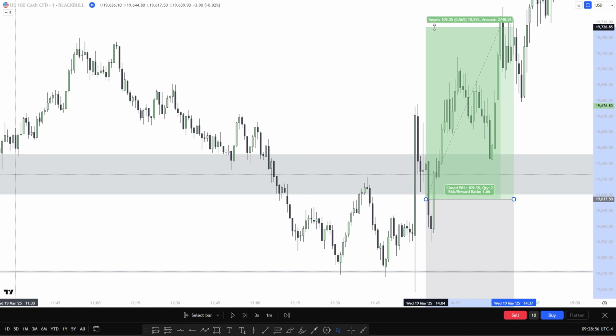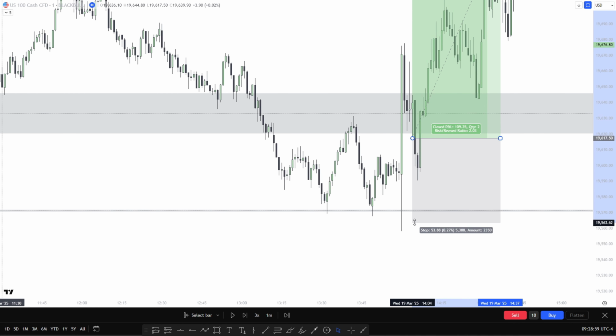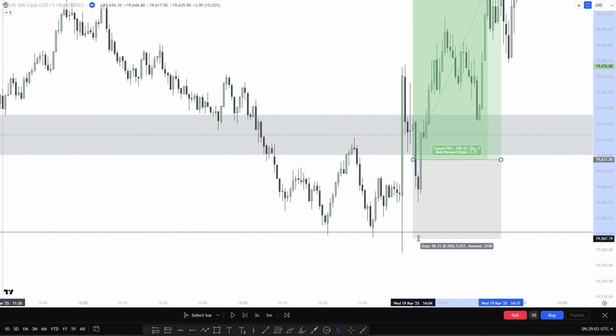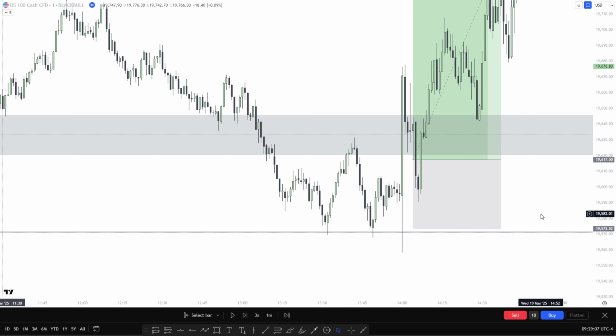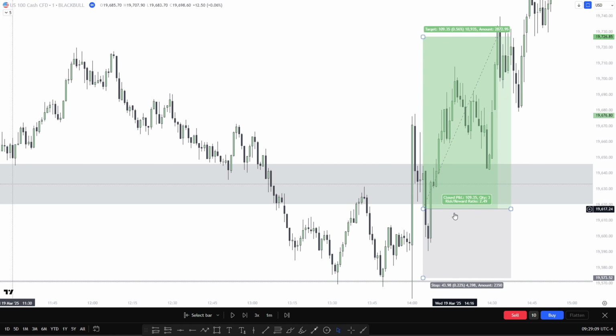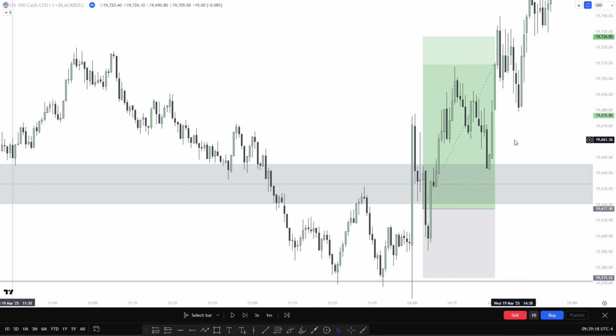You will target those relative equal highs. With stop loss, I think below the wick is too much. You can either place it here or slightly below the midpoint of this, something like that. So you usually have with these setups at least 2-3 hours of clean price action before it starts chopping around.